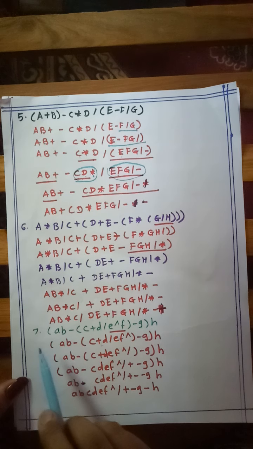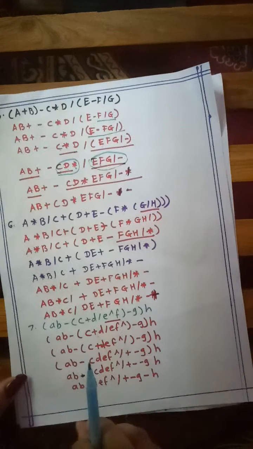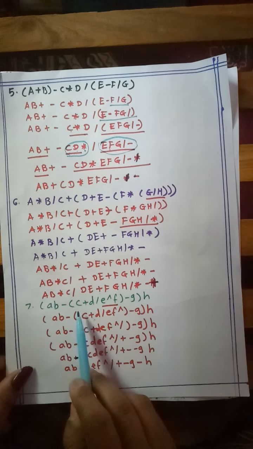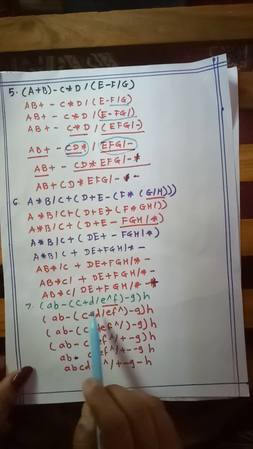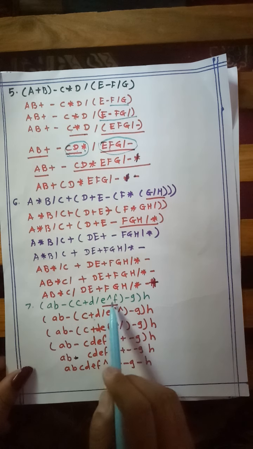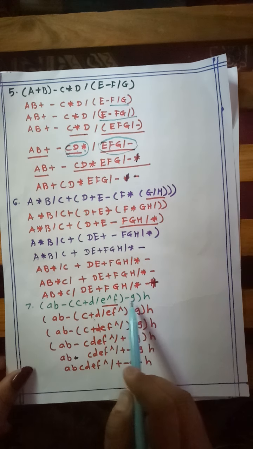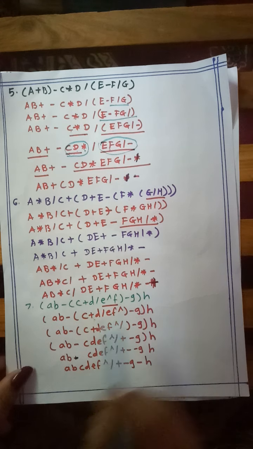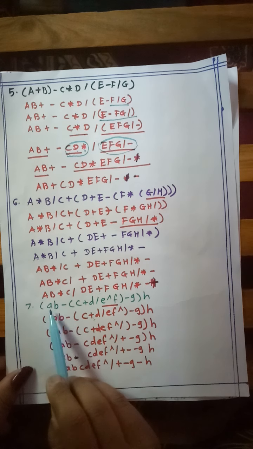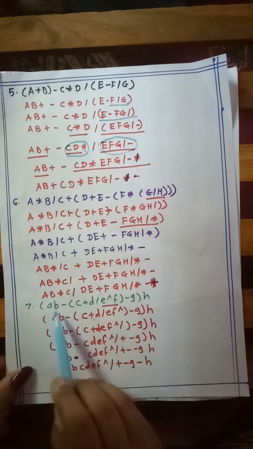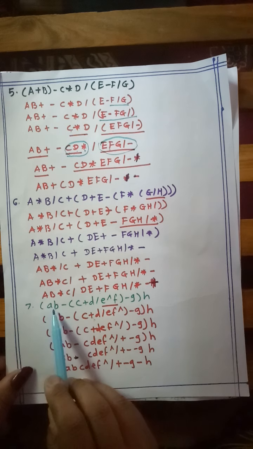Now look at the seventh example. Here in the seventh example, A B minus, in the bracket C plus D slash E caret F, bracket minus G, bracket H. So here A B means one term, A star B. Here star is not given, so we consider it as one term.